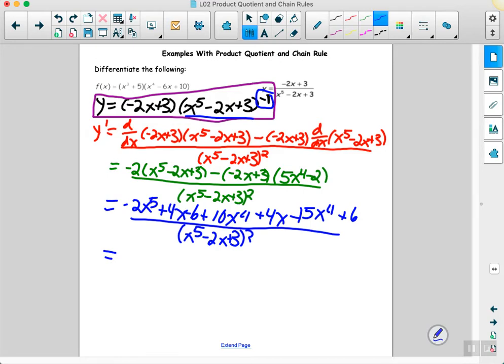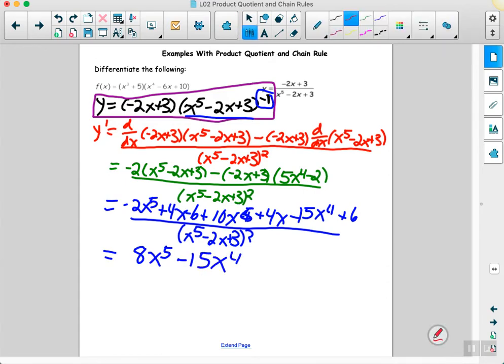Now where are we? This should be a 5 right there. So -2x to the 5th plus 10x to the 5th is 8x to the 5th. Then I have minus 15x to the 4th.